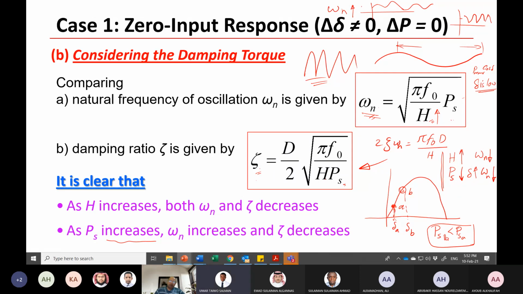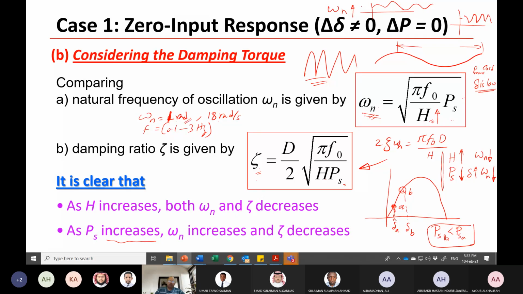For the system, omega n, the frequency of oscillation, could be, as we mentioned, between 0.1 to 3 hertz, or 1 radian per second. In another system you can have 18 radian per second. It doesn't mean this system is more stable than the other.